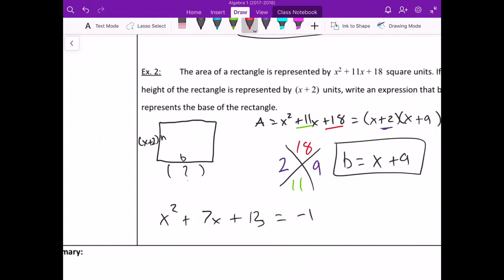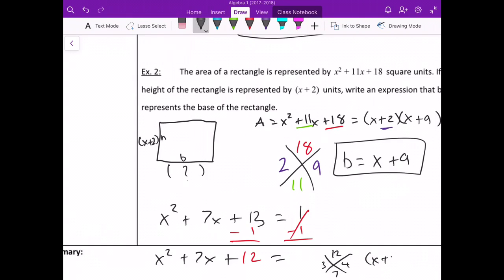So before you even do that, you would want to add 1, or actually that should be plus 1. Let's switch this example just so it works out. You would subtract 1 from both sides, gives you 12, equals nothing over here. And then you can start using your diamond method to factor, okay? You would have done 12, 7, and that's 3 and 4, x plus 3, x plus 4.